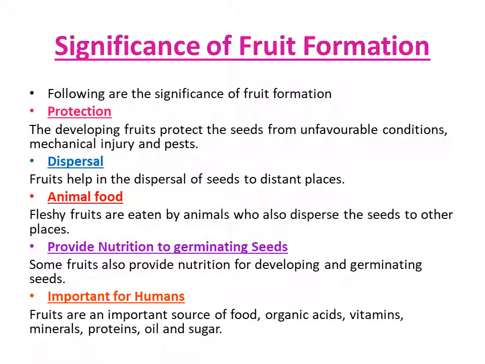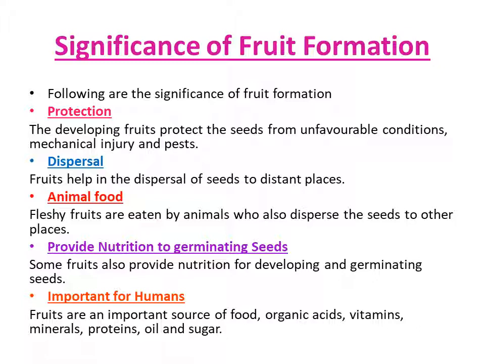Significance of fruit formation. Some of the significances such as protection, dispersal, animal food, importance to human, provide nutrition to germinating seeds are as follows. Protection. The developing fruit protects the seeds from unfavorable condition, mechanical injury and pest.